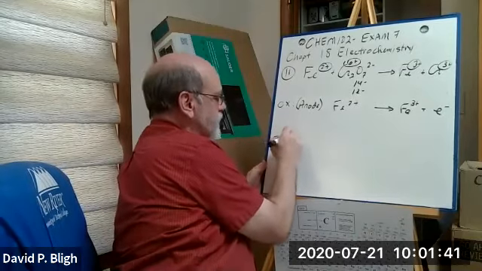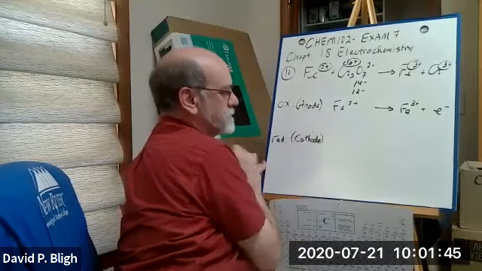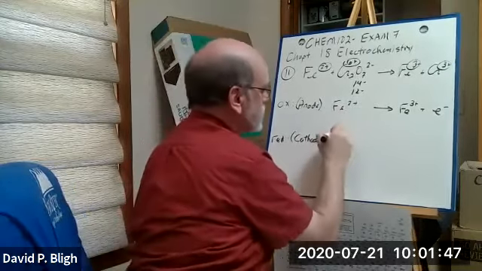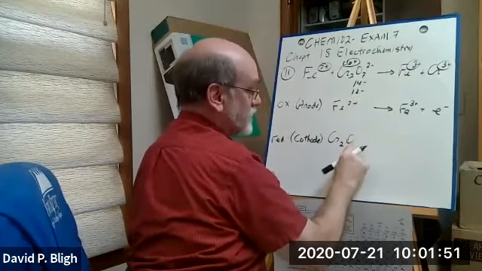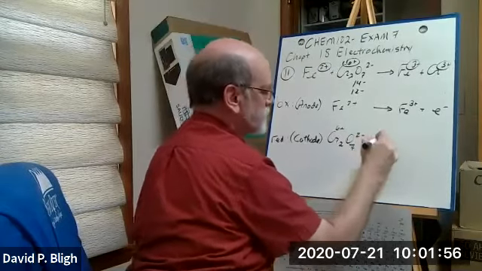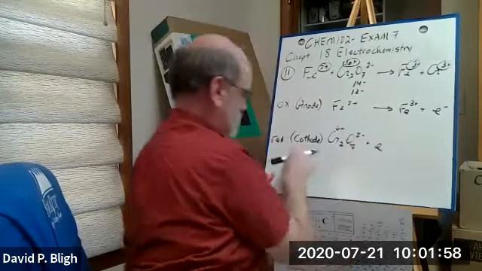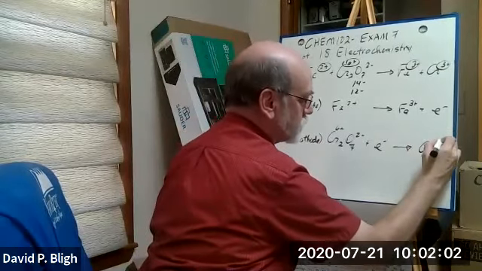Reduction would be the site, would be the cathode. So that would be dichromate. There's only one left, so it has to be that one. So it went from 6 plus, reduction, so we have to have electrons, and it went to 3 plus.